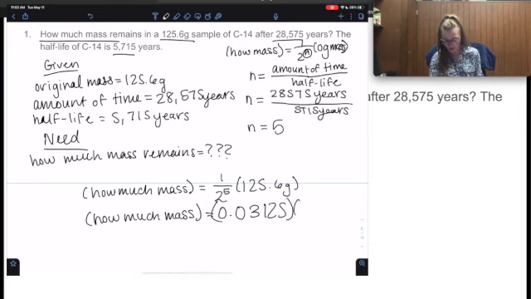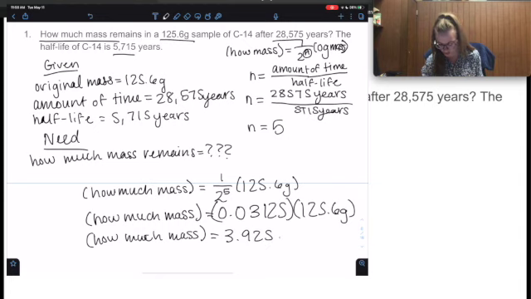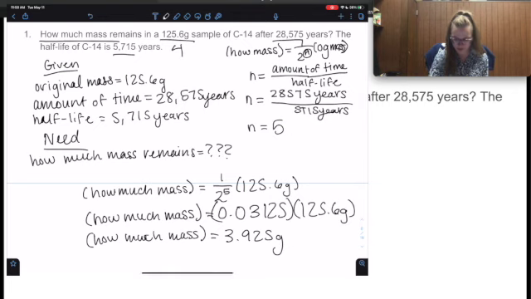0.03125, and I'm going to multiply that by 125.6 grams. So in the end, I get that the mass that remains is 3.925 grams. It looks like this number here has 4 sig figs, this number has 5, this number has 4.